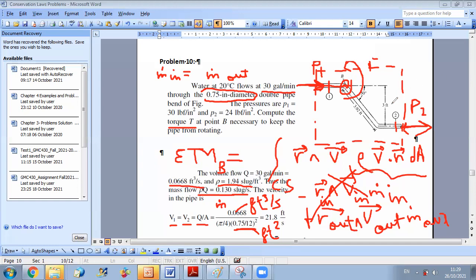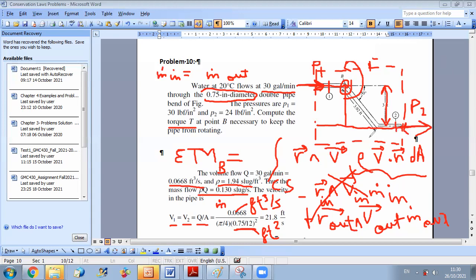You can use it here, but because it's a 2D application, it's much easier to get the moment by just finding the distance between B and the line of action of vector m dot V. This is vector m dot V. If I take the perpendicular distance from B to this line, the distance is 3 feet, okay? And to know the direction of the moment, I just have to use the right-hand rule. So here, the moment is equal in magnitude to m dot out V out times 3, which is the distance.